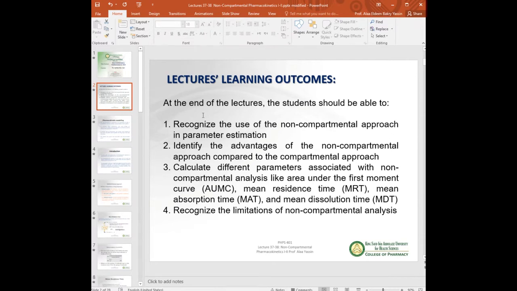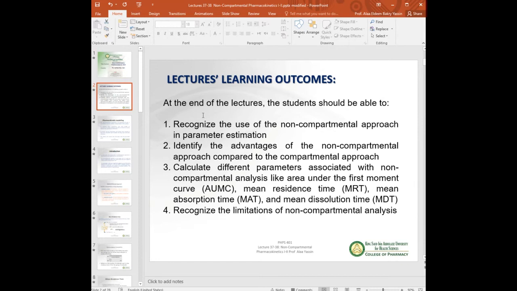So if the drug disposition depends only on the central compartment and fits the data well with one exponential, this means it's one compartment. But if we see that the equilibration in the other parts also affects the disposition of the drug, we will fit the data into two exponents.